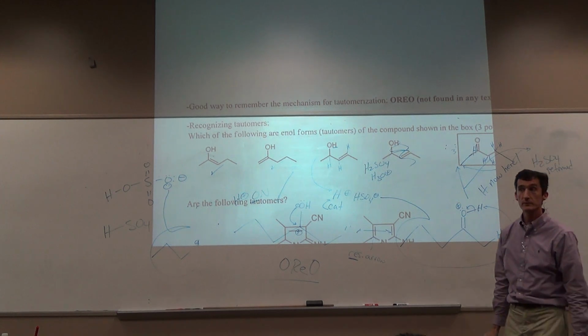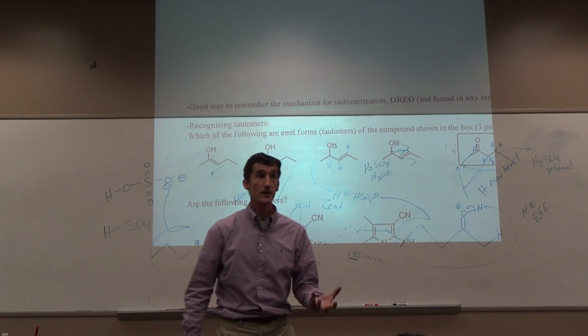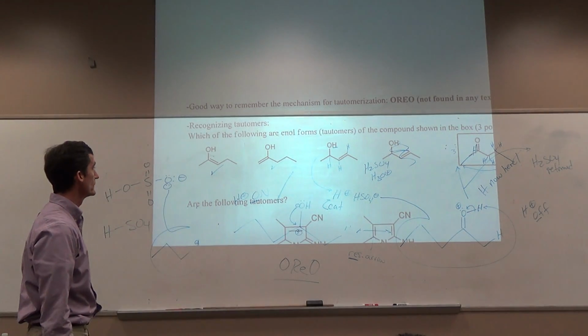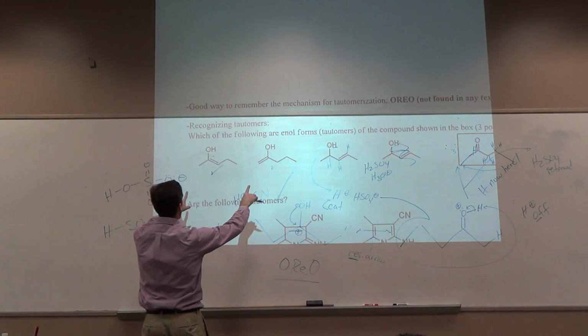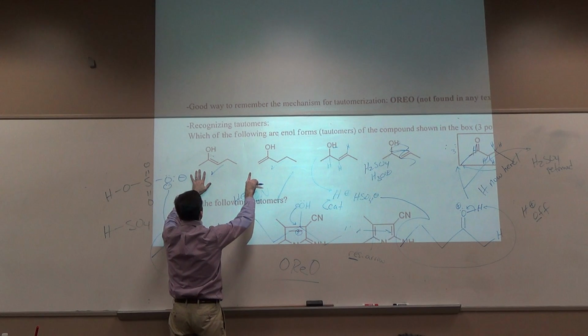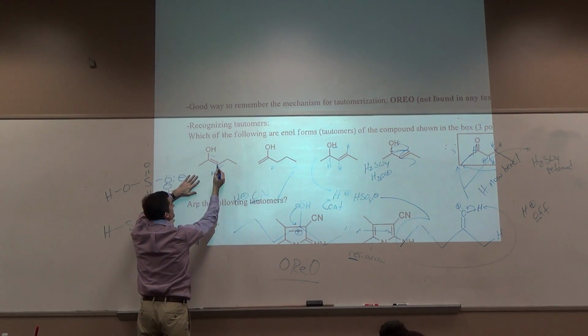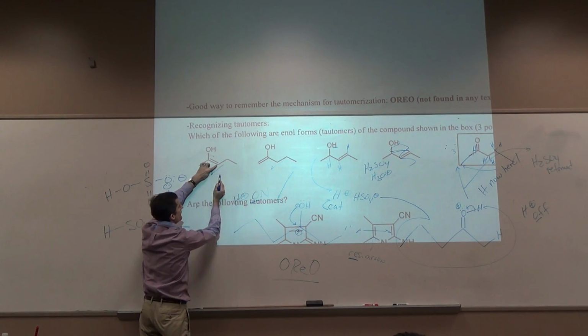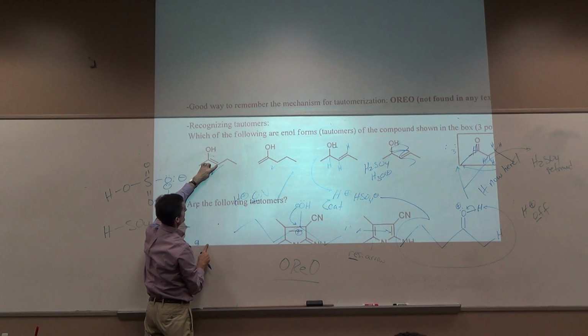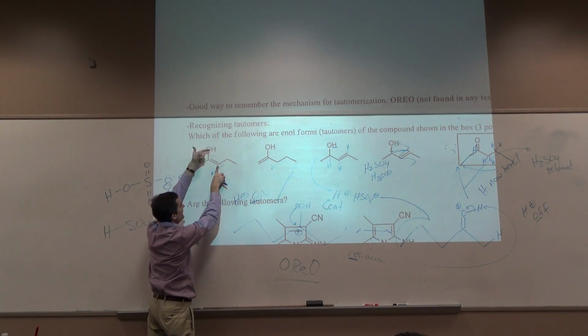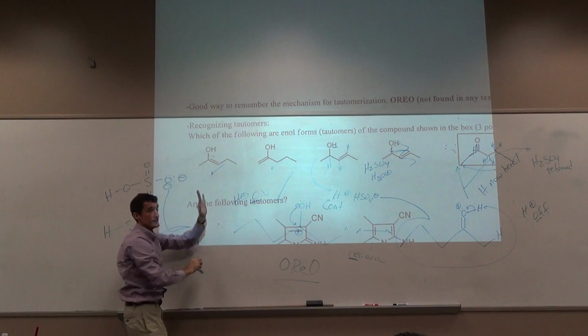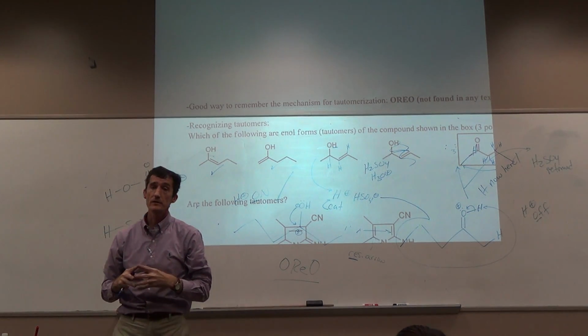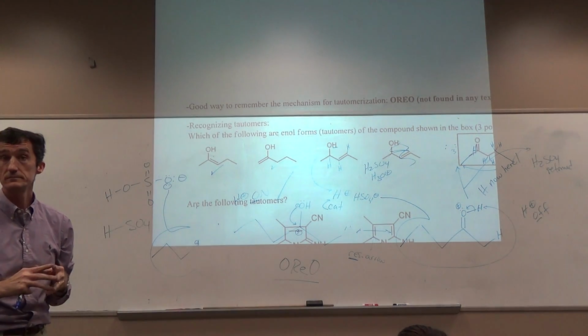It's like 3 or 4 have been relocated. That's not a tautomer. But these two are, because basically there's one. Over there you got 2 H's here, but now you only have one there and the other one is here. Basically, what do you call the tautomer of a ketone?